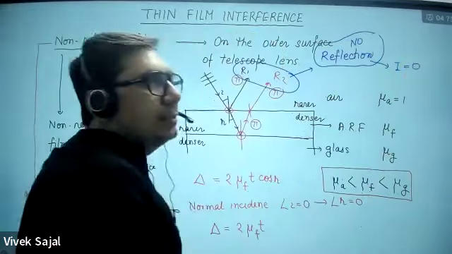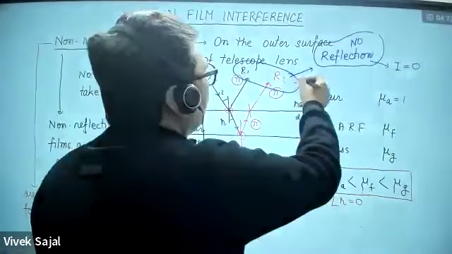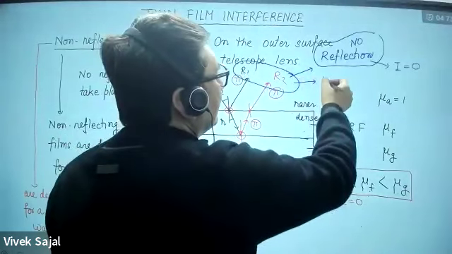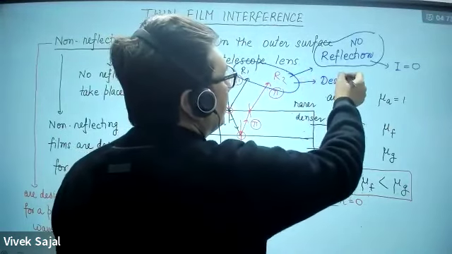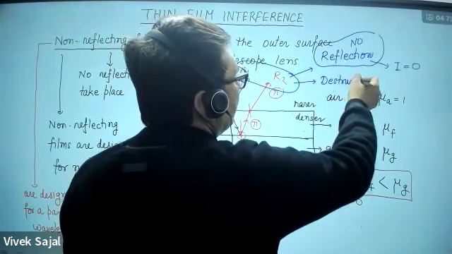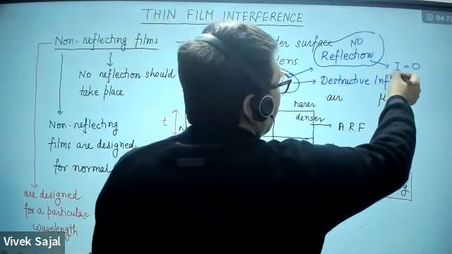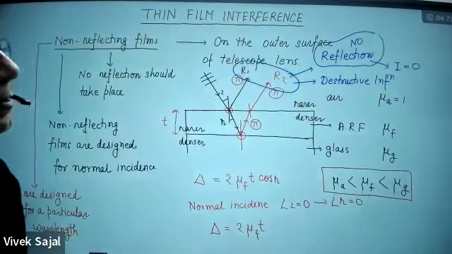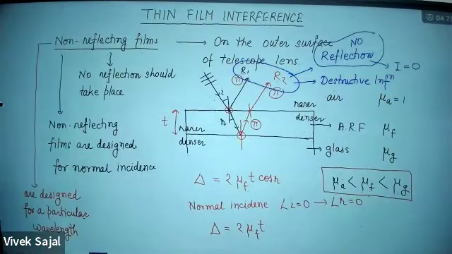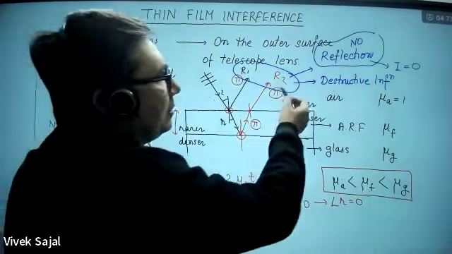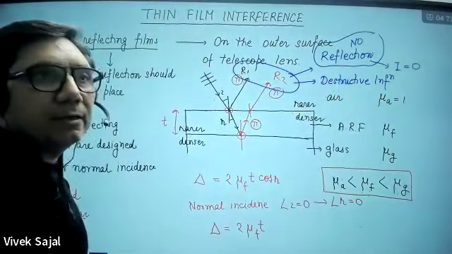And when you are going to have intensity 0, basically destructive interference should take place in between R1 and R2.